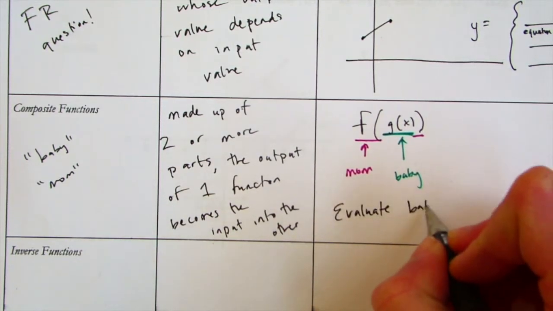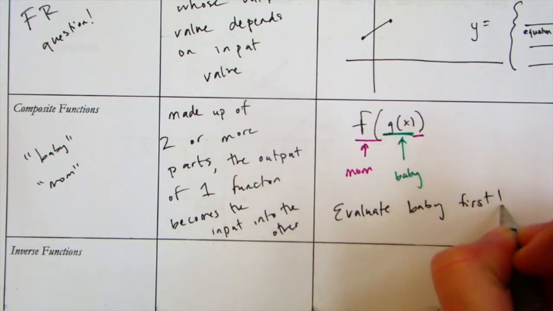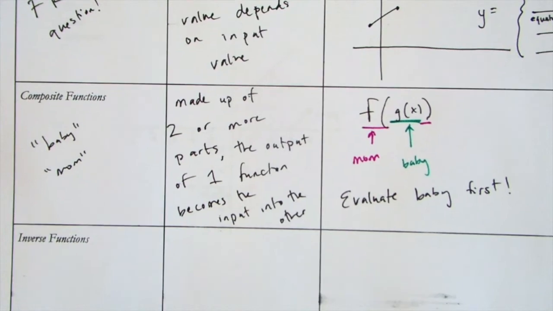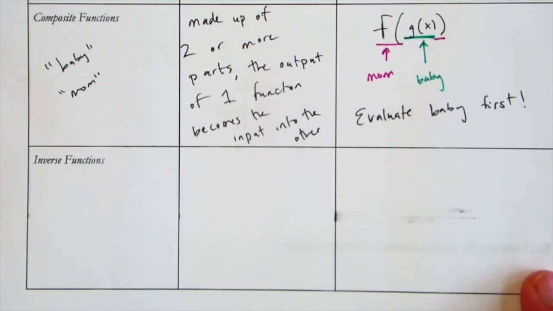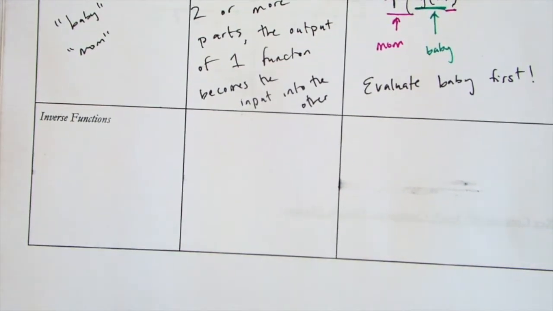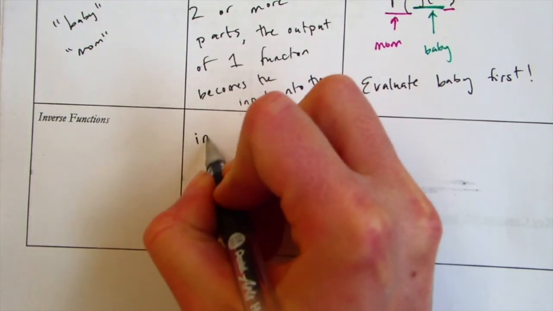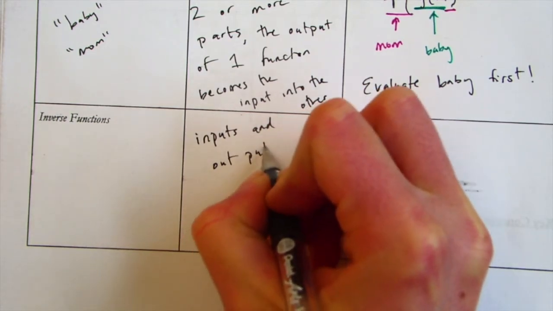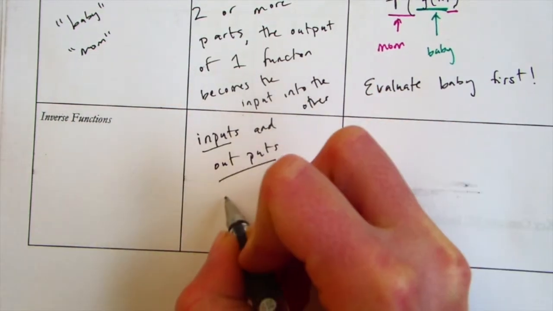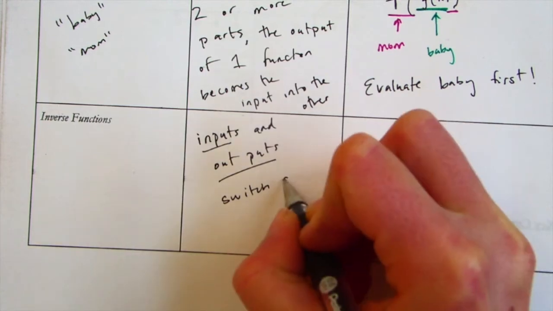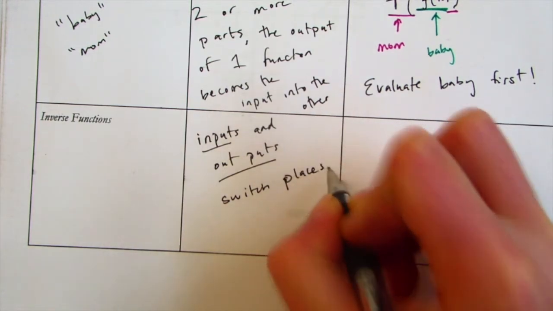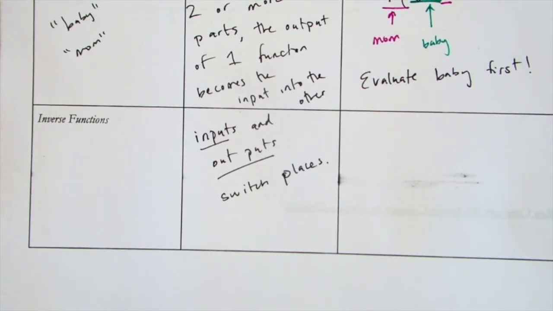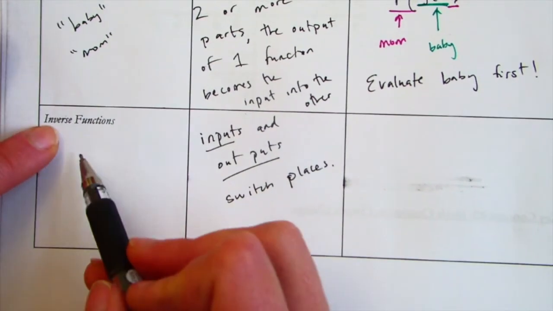All right, and then inverse functions. We covered this at the very end of the unit. Inverse functions means the inputs and the outputs switch places. Okay, so we're going to do a more thorough example of this later in the study guide, because inverse functions, this is going to be the other free response question.